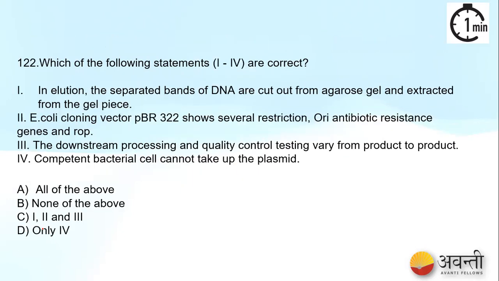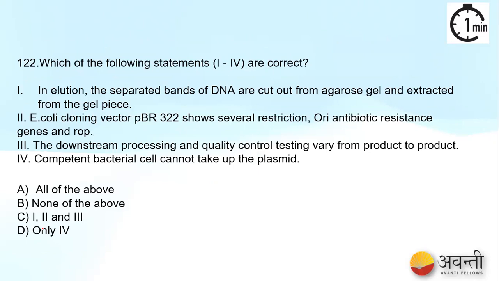Which of the following statements 1 to 4 are correct? In elution, the separated bands of the DNA are cut from the agarose gel and extracted from the gel piece. Next, the E. coli cloning vector pBR322 shows several restriction sites, ori, antibiotic resistance genes and rop.